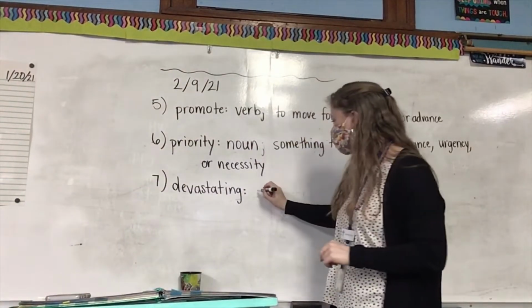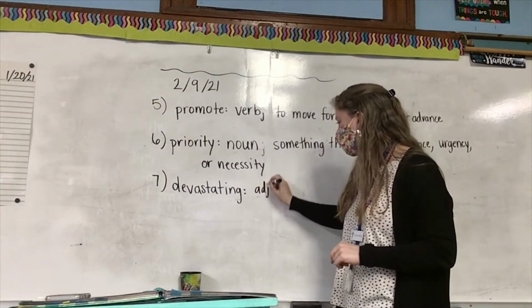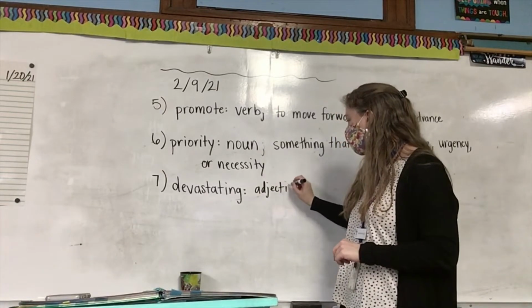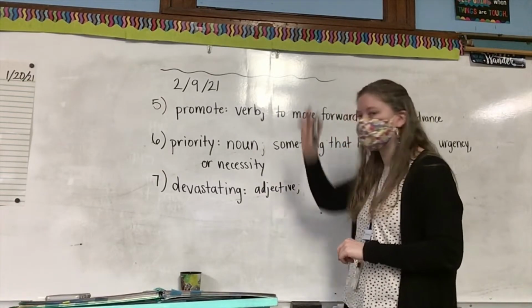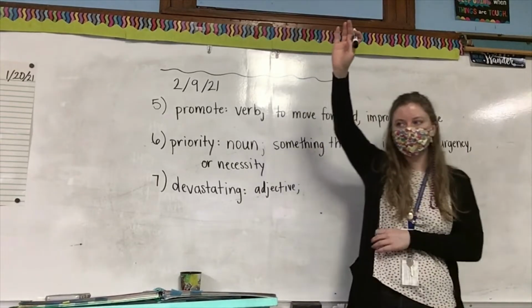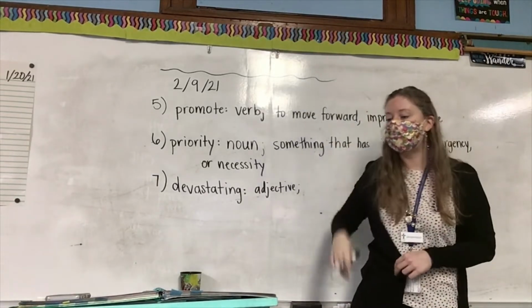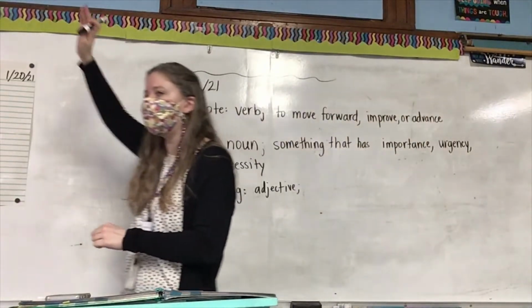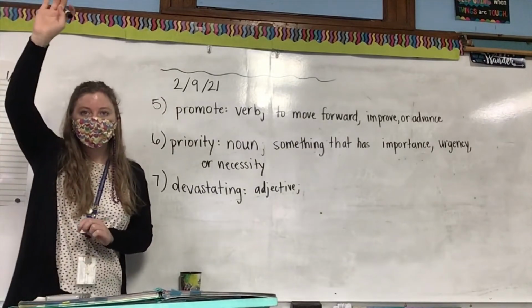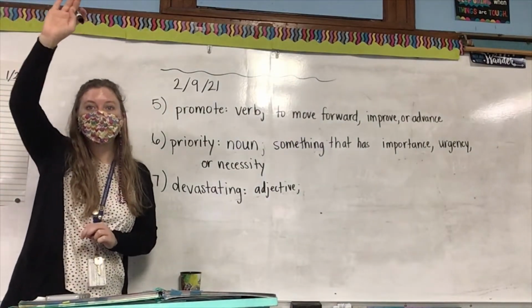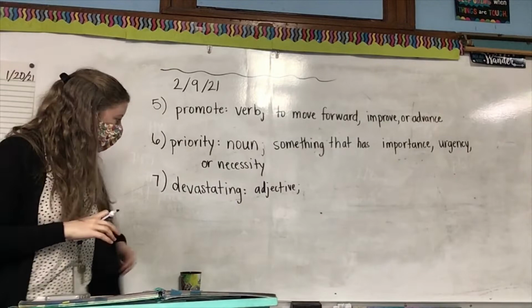Devastating is an adjective. It's a describing word. What part of speech do adjectives describe? Aaron. A noun. Nouns. What's the one called that describes a verb? Mason. An adverb.